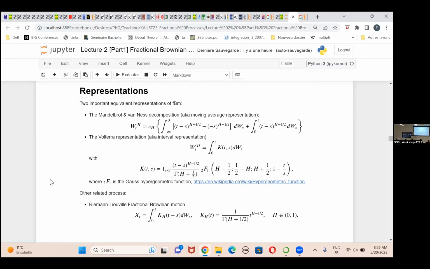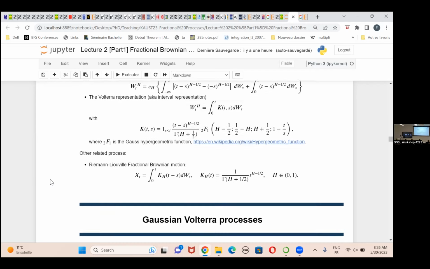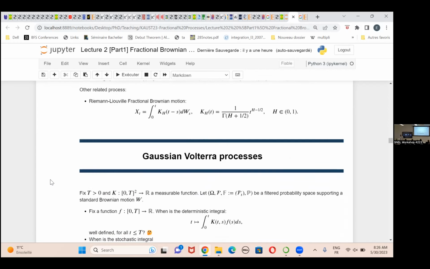So it fits into the larger framework that we have identified earlier. For the rest of this lecture, we're going to concentrate on these types of objects for different kernels K and try to see the impact of K on the properties of X. First from the theoretical point of view, and then we'll move to numerics and simulation.